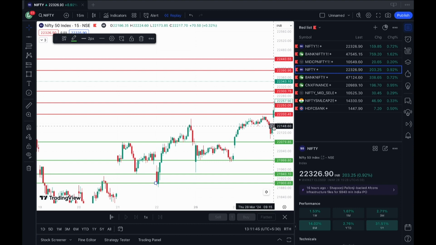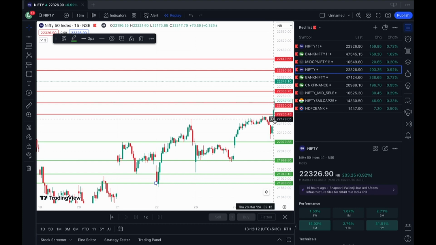My at the money at this point will be 22,250 in terms of the call, and 22,200 in terms of the put. So I'll take a position in the 22,250 call, the ATM call option right now, strike price 22,250 CE.